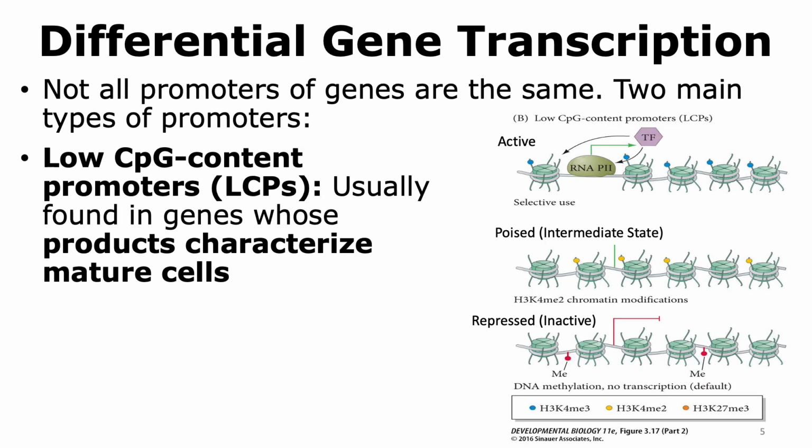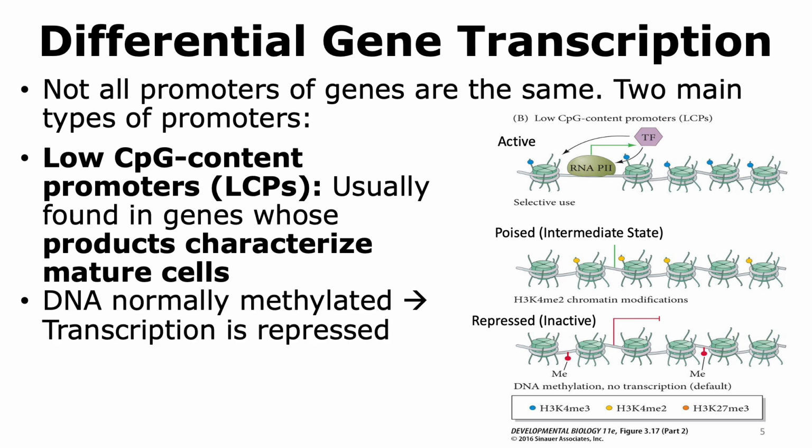The second type of promoters are the low CpG content promoters. These are usually found in genes whose products characterize mature cells. In the case of low CpG content promoters, the DNA is normally methylated, and hence transcription is repressed.